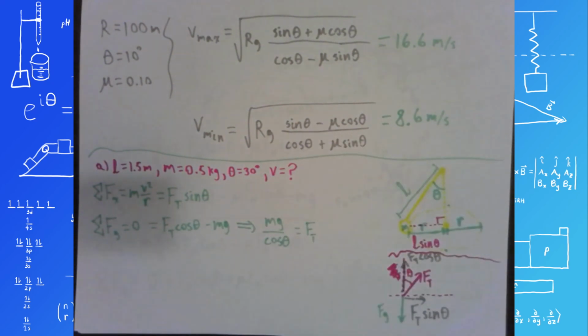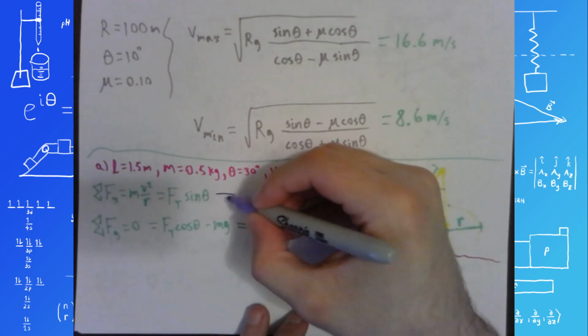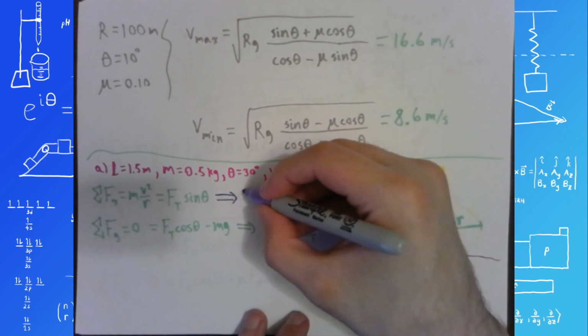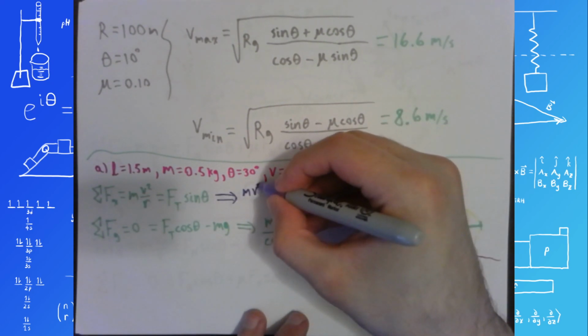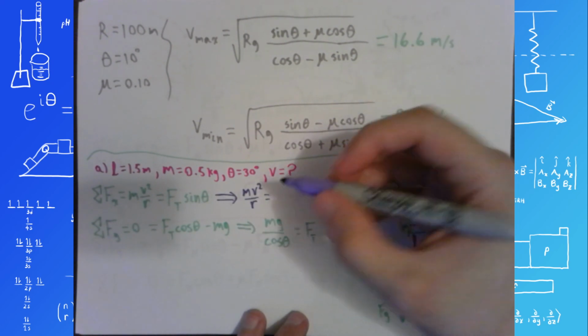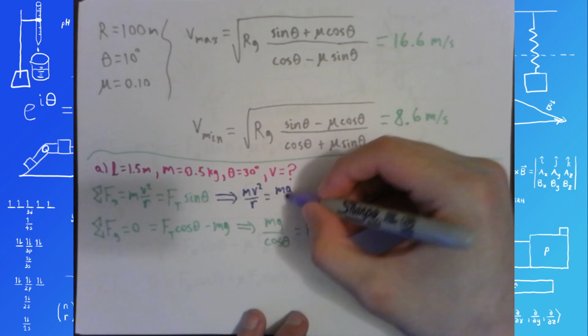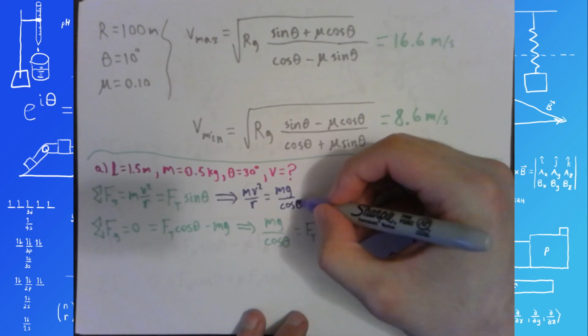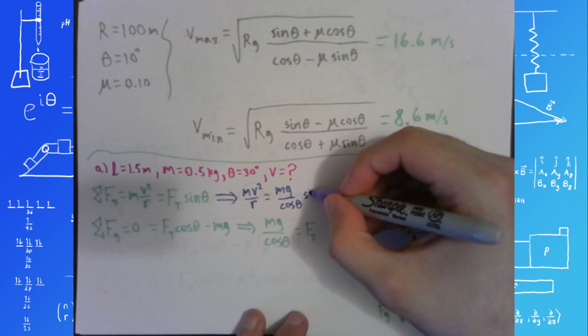So this now becomes mv squared over r equals mg over cosine theta times sine of theta.